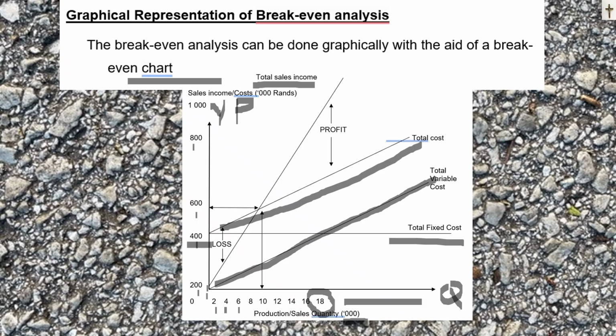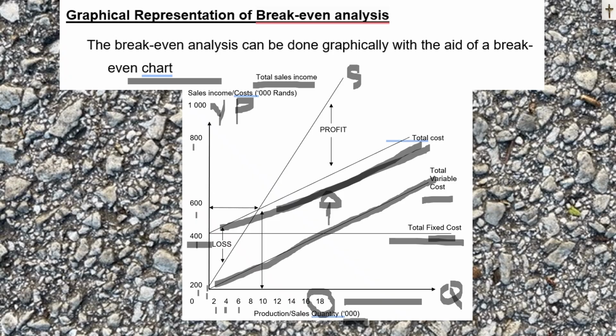And if you add your total fixed cost plus your total variable costs, that's why this graph has shifted, because your total cost consists of total fixed cost and total variable cost, and that gives you total cost.